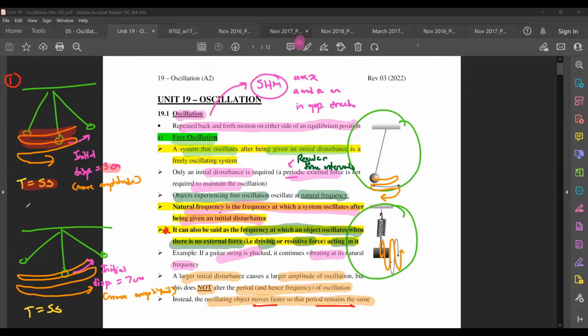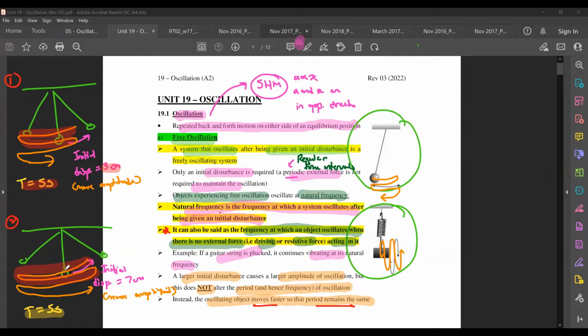But for your second system, because your amplitude is much larger, if you were to have the same period of 5 seconds to complete one oscillation, your object needs to move faster to be able to compensate for the extra distance that you have to move.